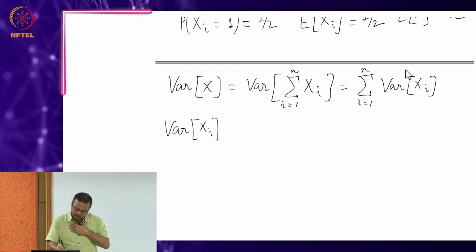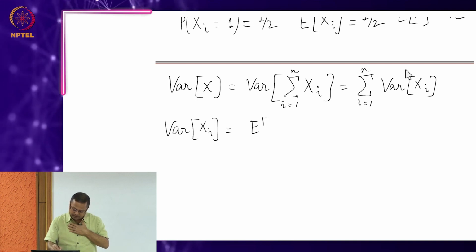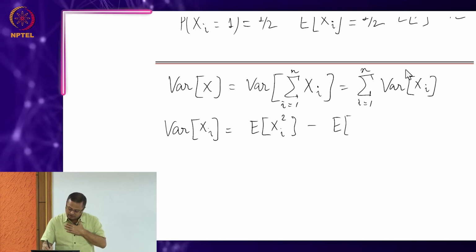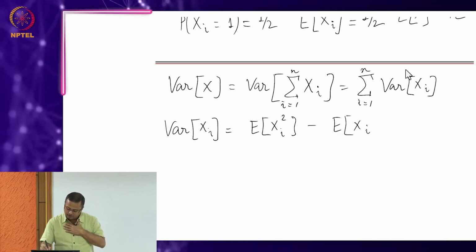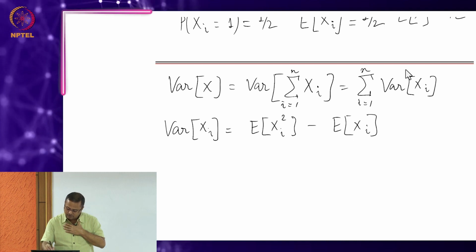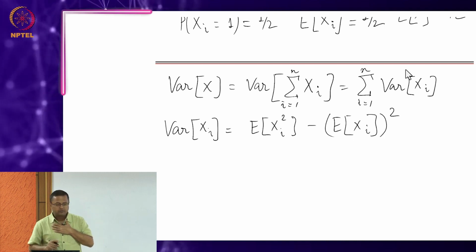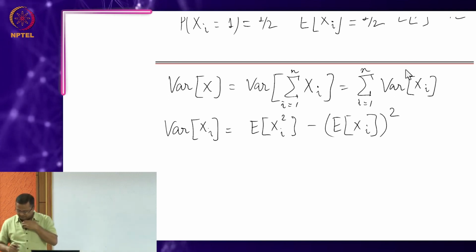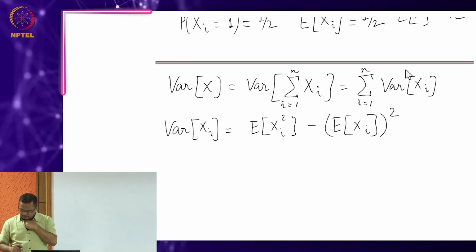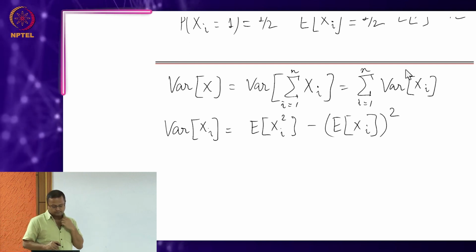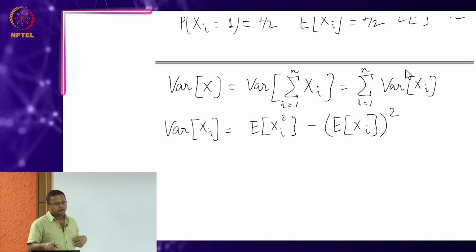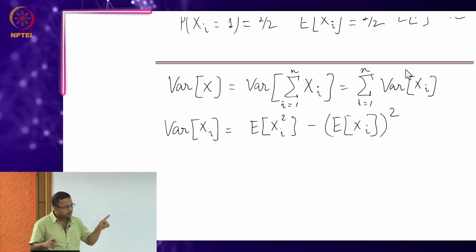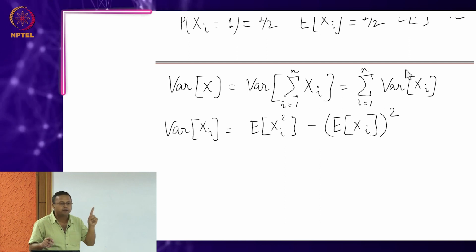What is the variance of xi? This is the expectation of xi square minus the square of the expectation. Now see, xi is a 0-1 random variable. So, what can I say about xi square?